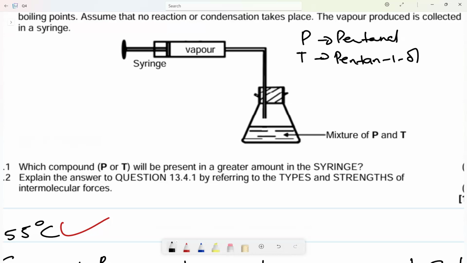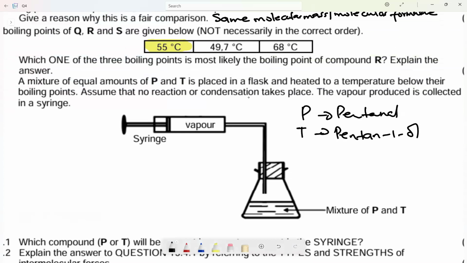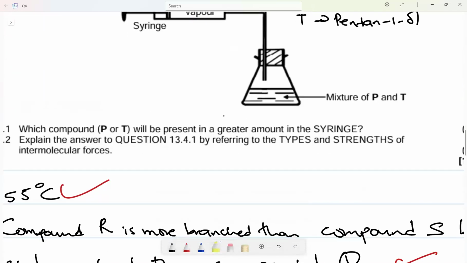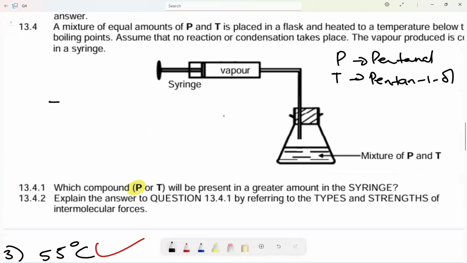The greatest amount of vapor. It will be P. Why is it going to be P? I'm answering this question now. Explain the answer in 13.4.1. Why are we saying it is P?